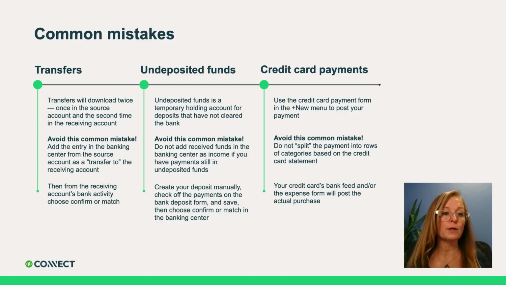So how to avoid the mistake? And again, this slide's for you to take home. You can add the activity from the source account. So it came from the checking account, add it from that bank feed, but then confirm it because it'll show up as a match on the receiving side, which is the savings account. So that's your workflow for that common mistake.